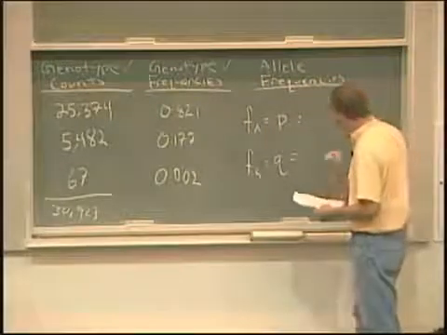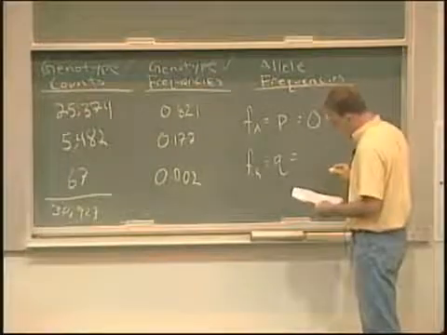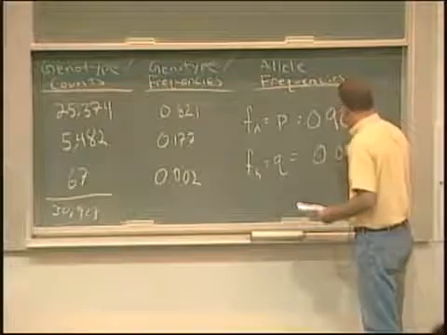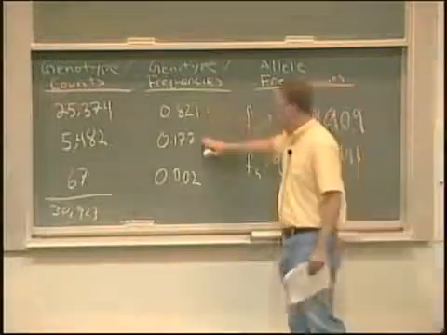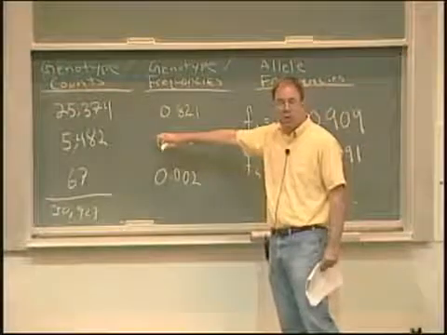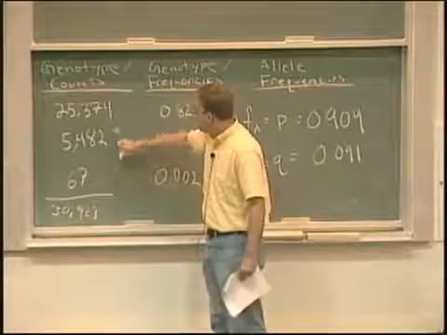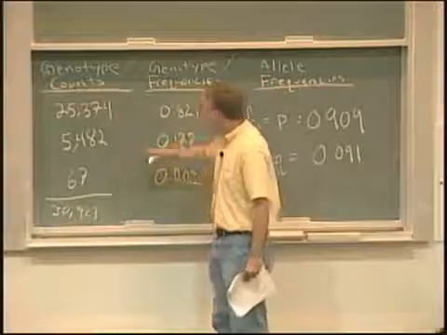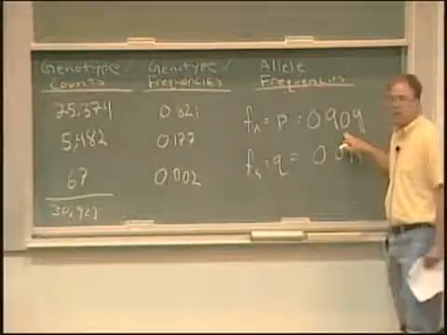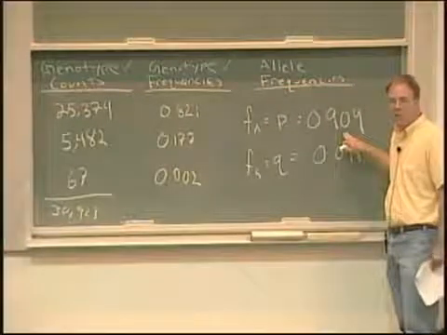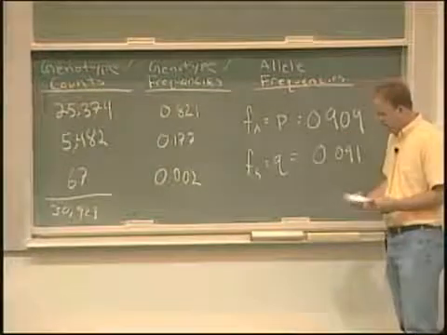And I get the allele frequencies to be 0.909, and then this is going to be 0.091. Now, hopefully you can see how you should be able to calculate these numbers from these. This would be something you might try out on your own. Just when you get back to your dorm or your apartment, go ahead and, using these genotype counts, make certain you get these genotype frequencies, and then make sure you get these allele frequencies as well. And if everybody in the class gets a different result, then come to me and I'll admit I made a mistake, okay? I don't think I did.